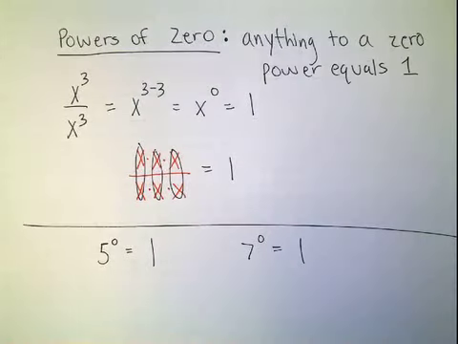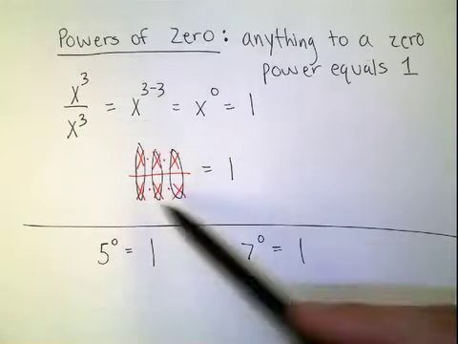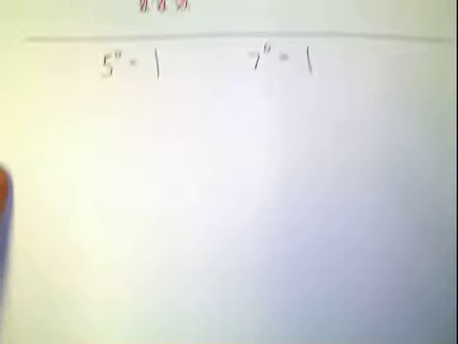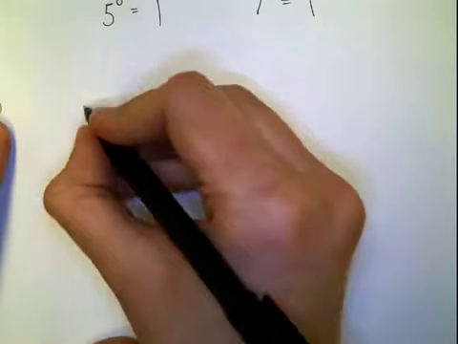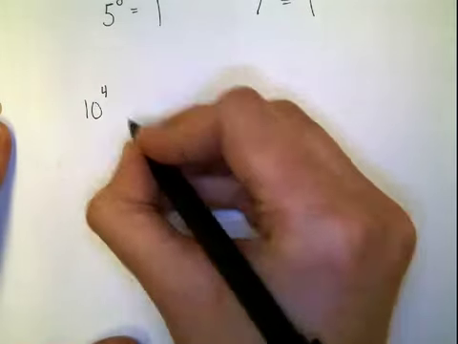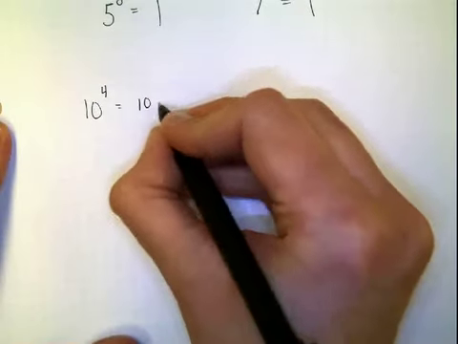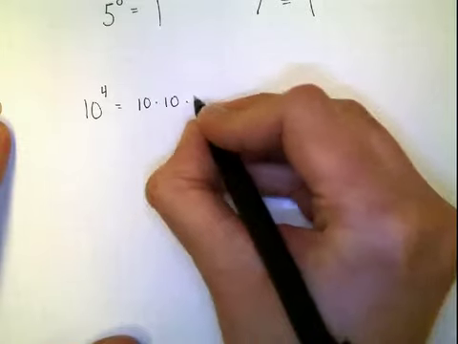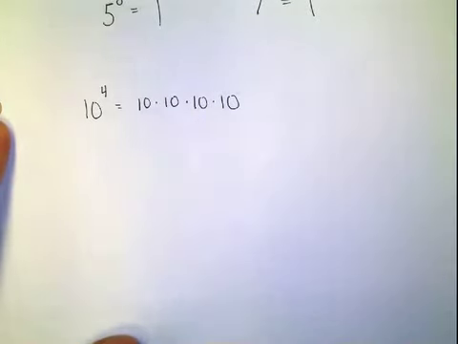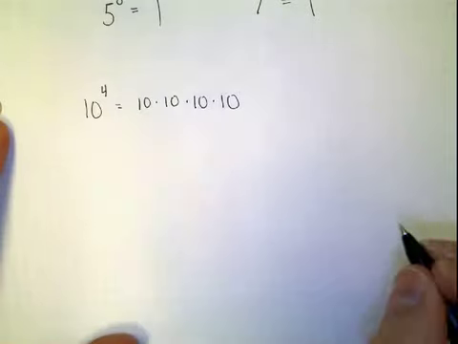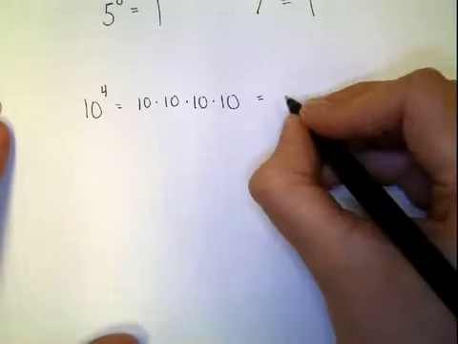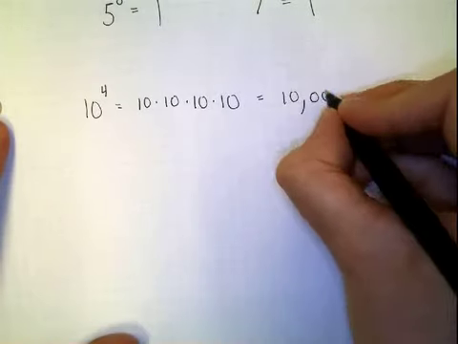Another way I can prove this to you, besides algebraically here, is I could show you with a pattern. Let's say you had 10 to the 4th power. That means 10 times 10 times 10 times 10. What's 10 times 10 times 10 times 10? Yeah, it's 10,000.